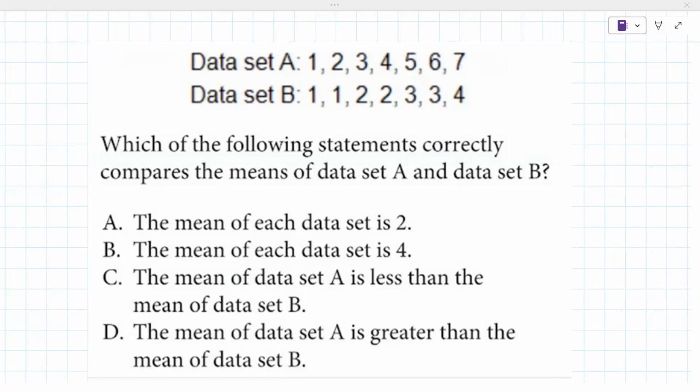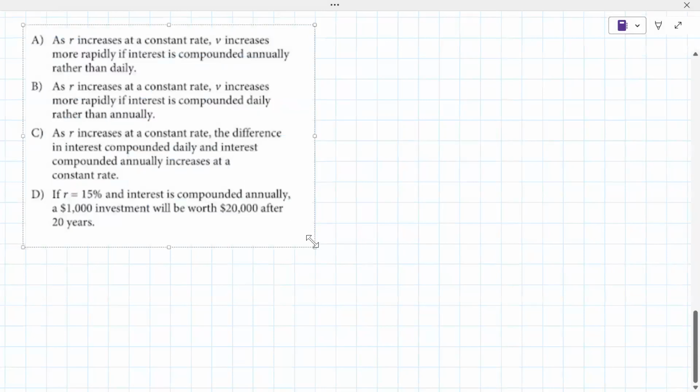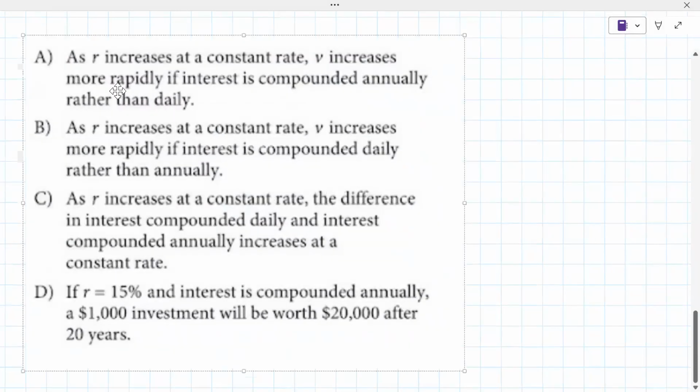All right, so let's look at another set of multiple choices and do the same thing. Here are 4 multiple choices. A: As R increases at a constant rate, V increases more rapidly if interest is compounded annually rather than daily.